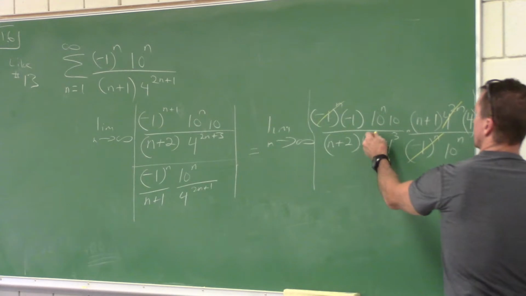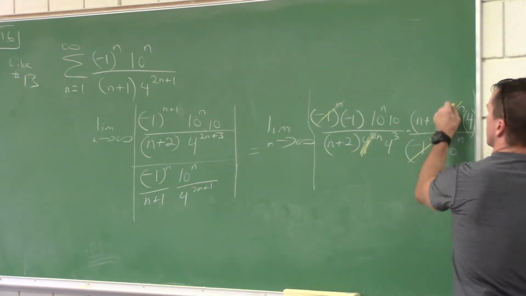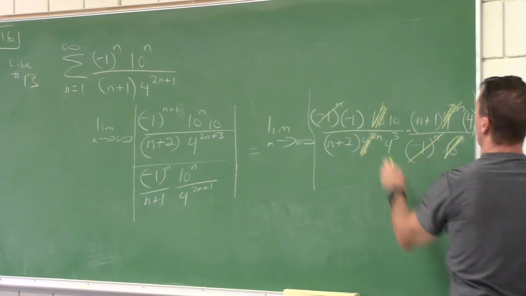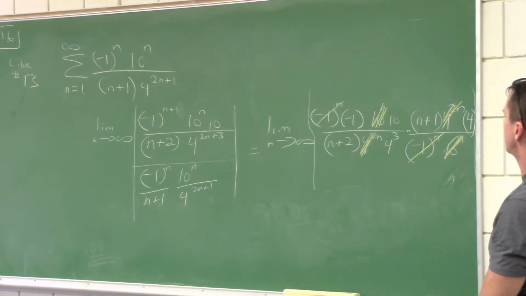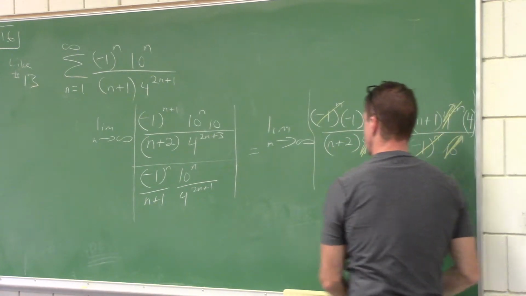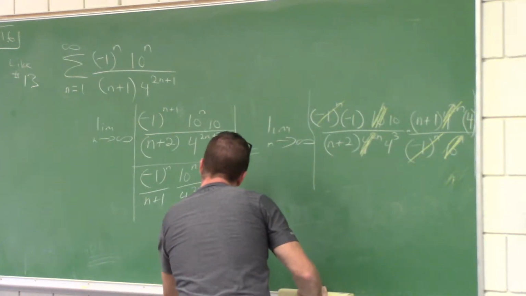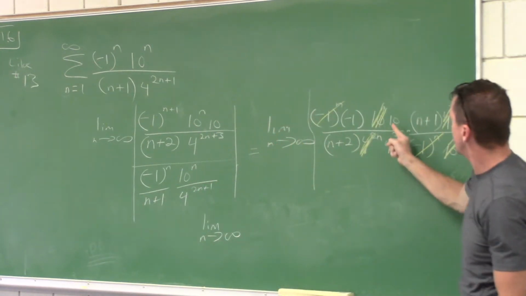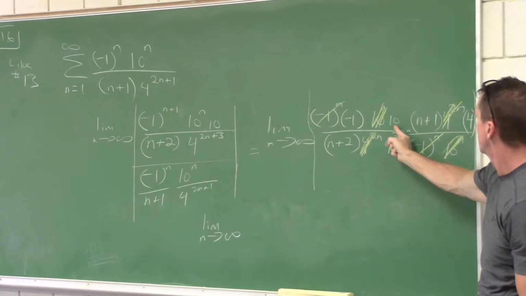The 4 to the 2n's go away. The 10 to the n's go out. What do we have remaining? Remember, the absolute value of negative 1 is a 1. So what's remaining? Come on, we got this. This problem looked intimidating, but we got this. You got a 10 left over, and the 4.